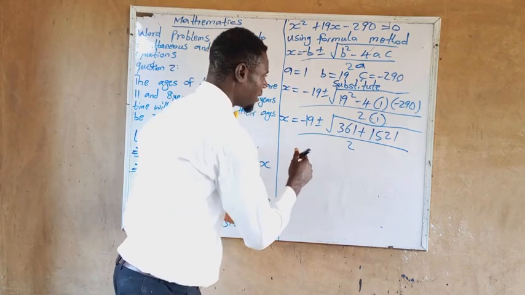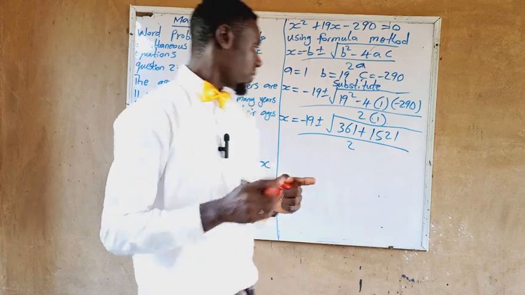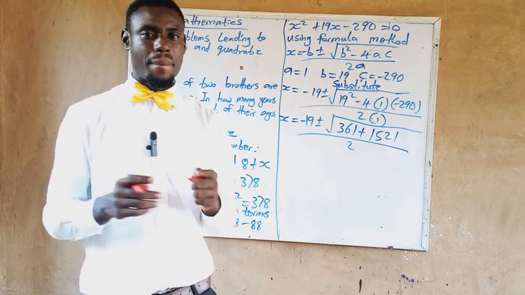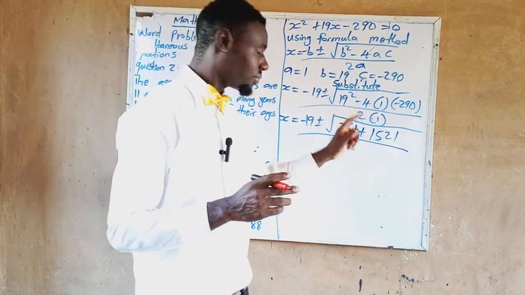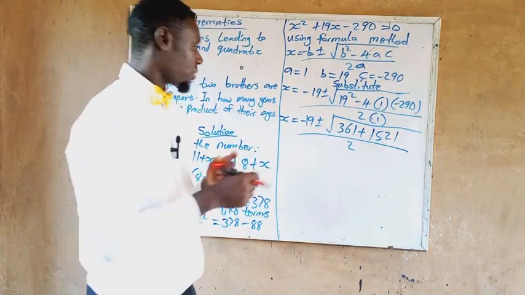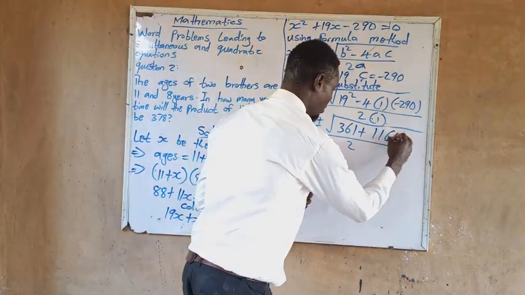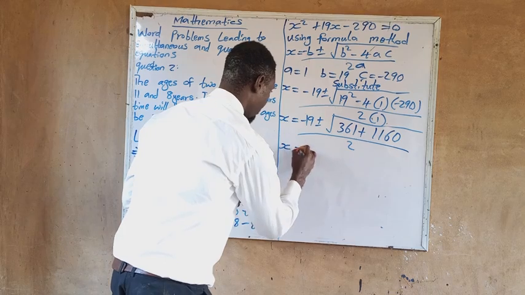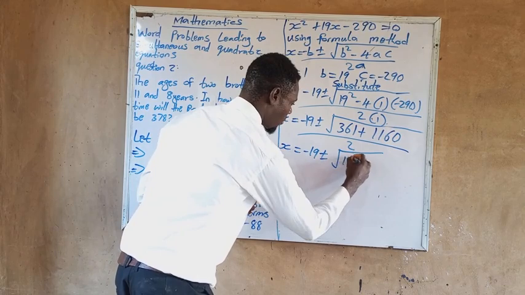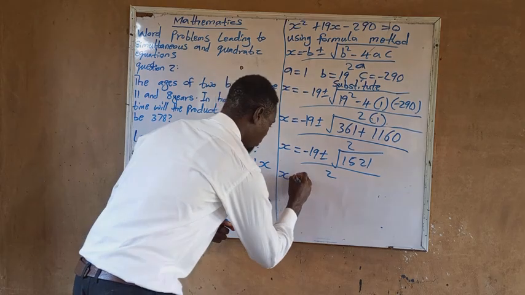So x is equal to minus 19 plus or minus the square root of 1521, all divided by 2.